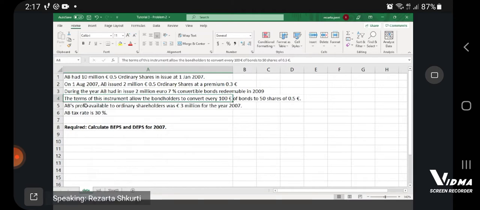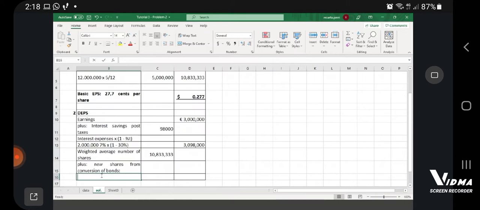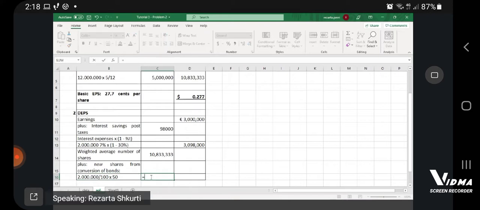The terms of this instrument allow the bondholder to convert every 100 euro of bonds, remember we have 2 million, to 50 ordinary shares, as written over there. So if we start with 2 million euro, divide that by 100, and multiply that by 50 shares, that will give us the number of new shares from this conversion.